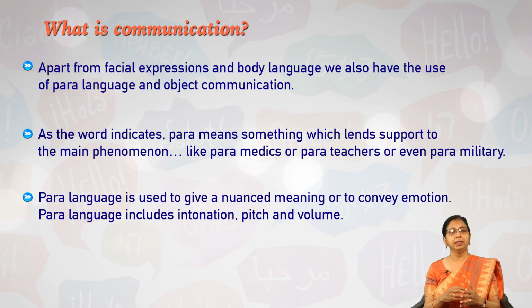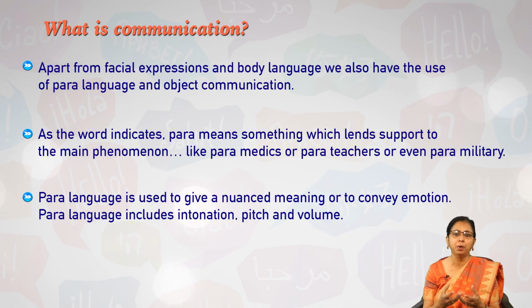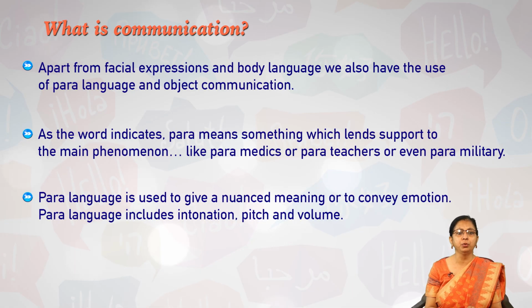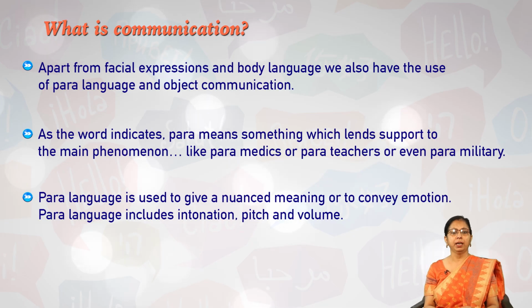Paralanguage therefore is used to give a nuanced meaning or to convey an emotion. Paralanguage includes intonation, pitch and volume. Like, if I speak softly, it means that I am sharing a secret. Or if I talk very fast, it shows either that I am very excited or I am in a hurry to communicate. This is paralanguage.